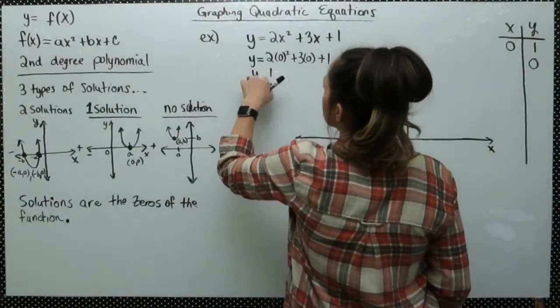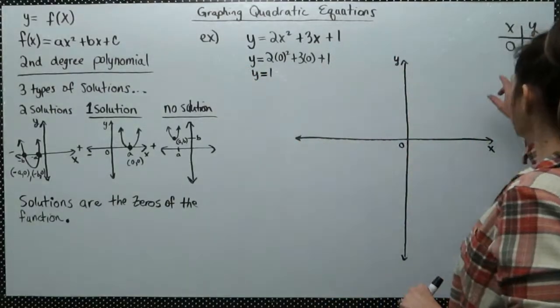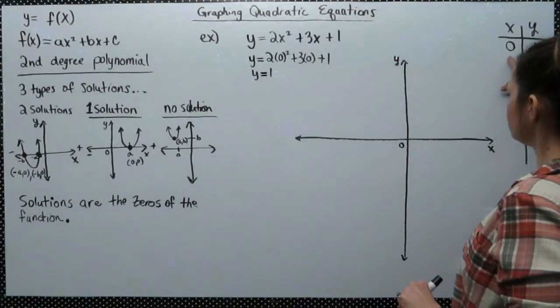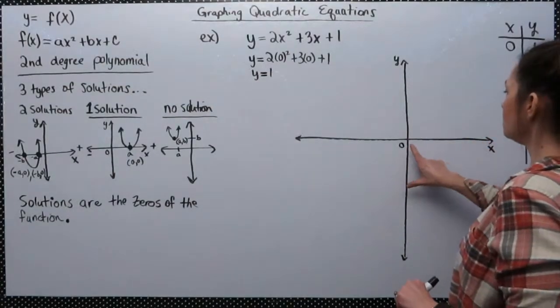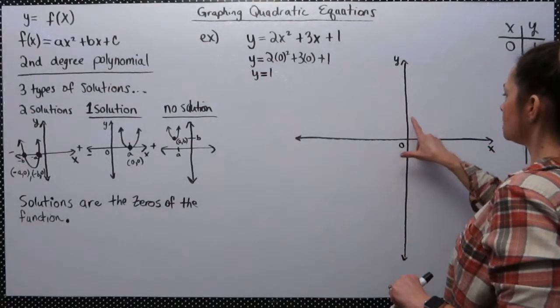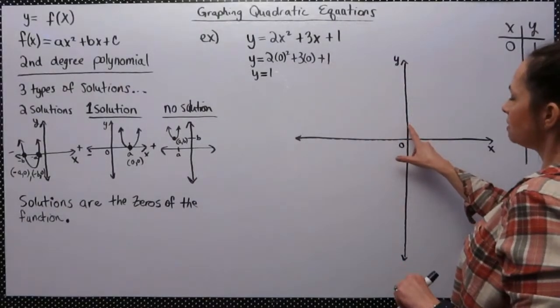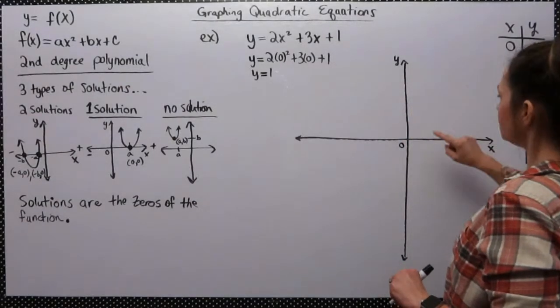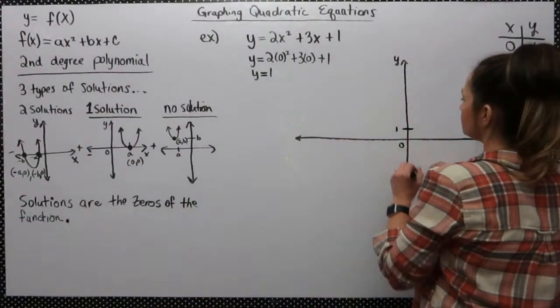Okay, so our first critical value is when x is 0, and it tells me that this function intercepts the y-axis at positive 1. So that's a value that's on the graph.